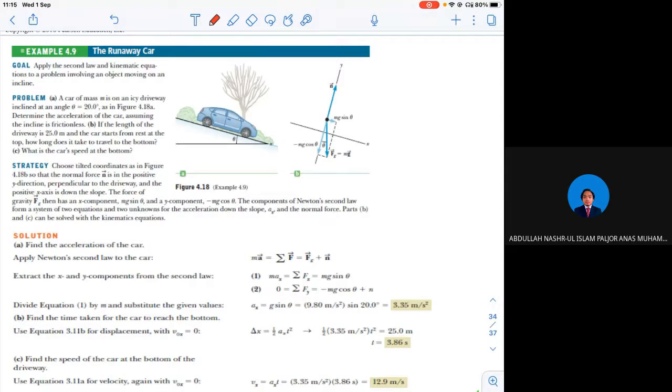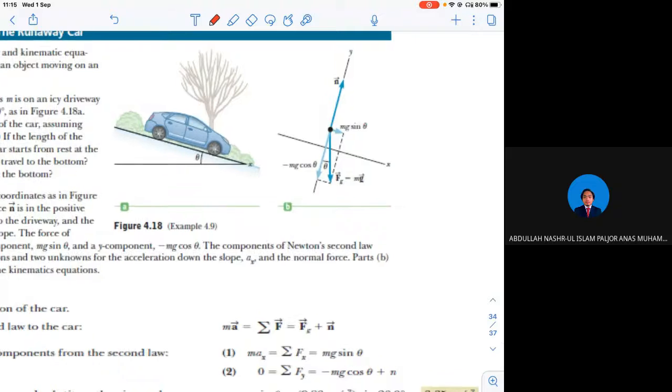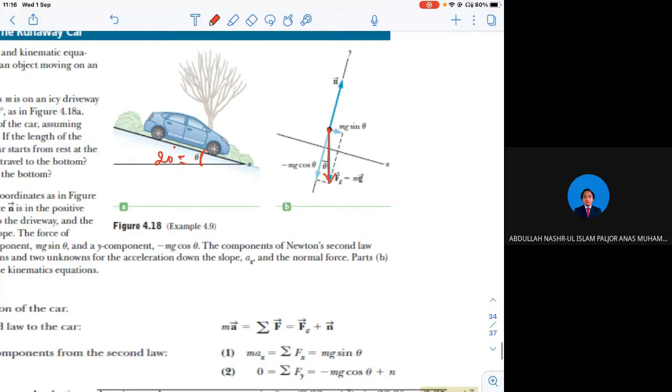First of all, we need to do some sketching. Look at how they draw it. This is the car as a dotted line, and this is the W, because it's going this way. This is the 20 degree incline.